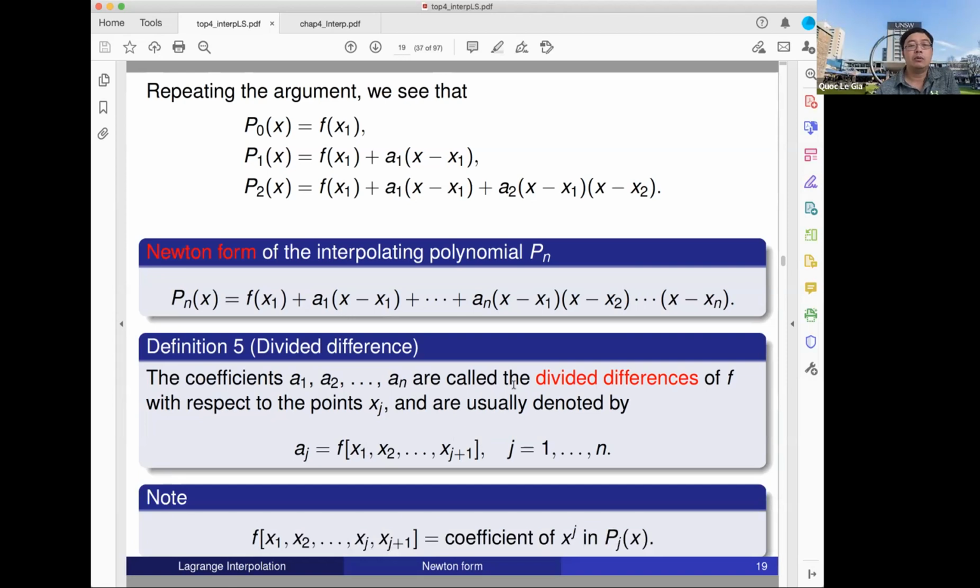So now the divided difference is also the coefficient of x to the j in the polynomial pj, right? Because if you take pn, then an is just f of x1 up to xn plus 1.